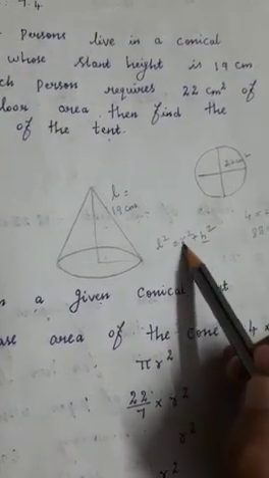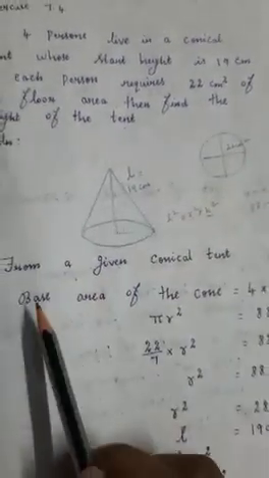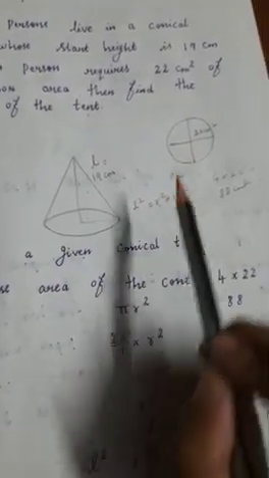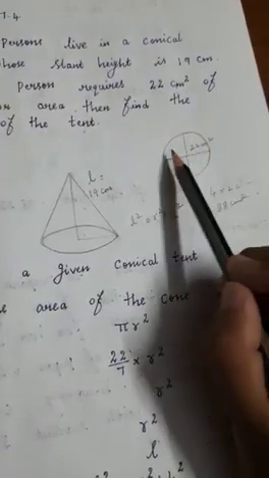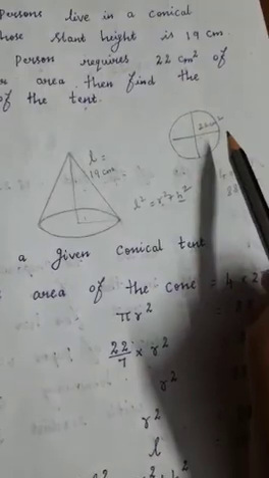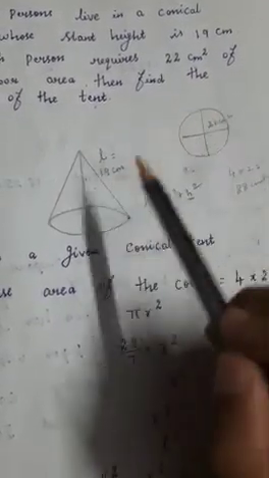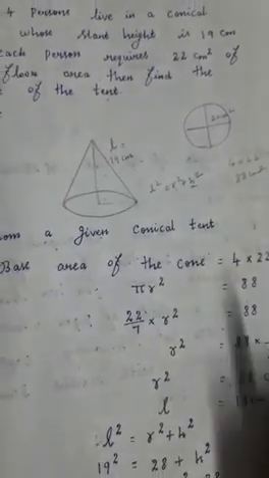After that, the R value, the radius, how can we find out? That's why we are using the area of the circle. 4 persons occupy how much area? 88 centimeter square. So pi r square is equal to 88 centimeter square. Use that to find the R value, then apply here, then you will get the height of the conical tent.